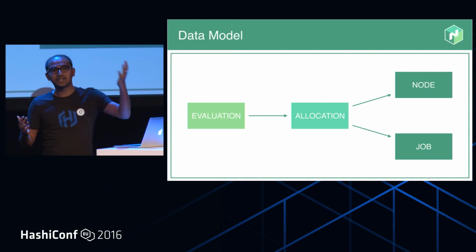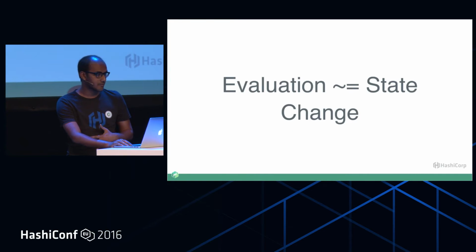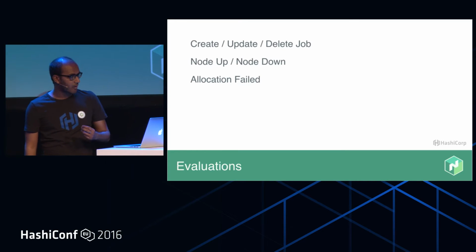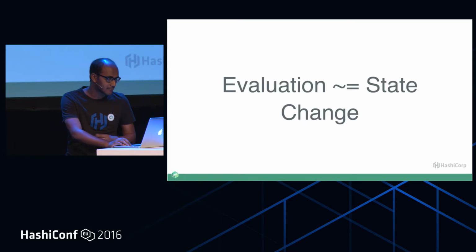So any change in the system, which can be a submission of a job, adding a new node into the system, a data center failing, or a collection of nodes failing, is modeled as an evaluation.